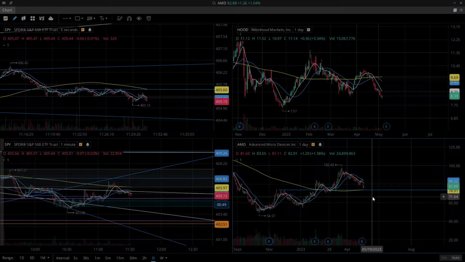So it's on the fringe of the pain zone, so your probability isn't as great, but if tech moves with Apple like it typically does, you've got a pretty good shot of getting a decent percentage return, but you've got to be ready to take it when it comes.